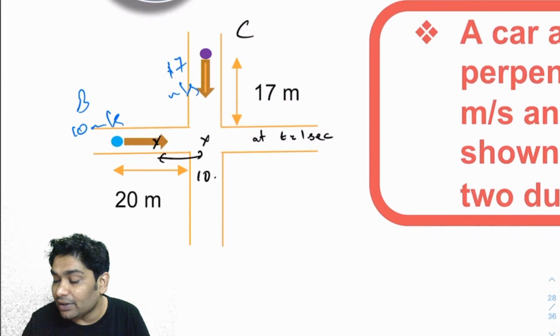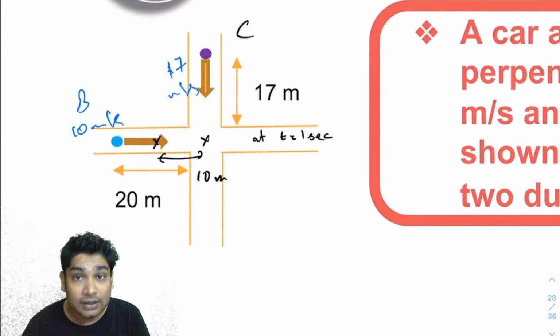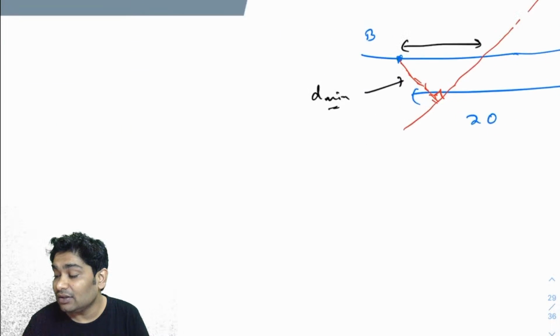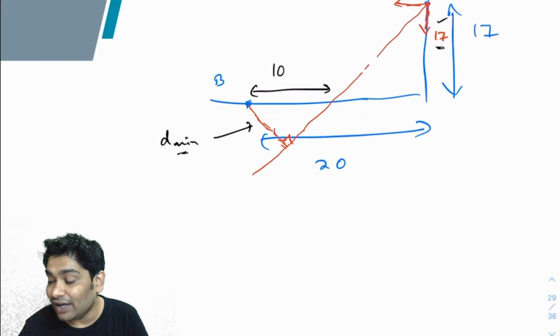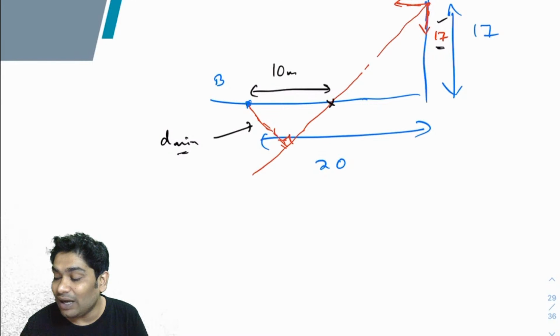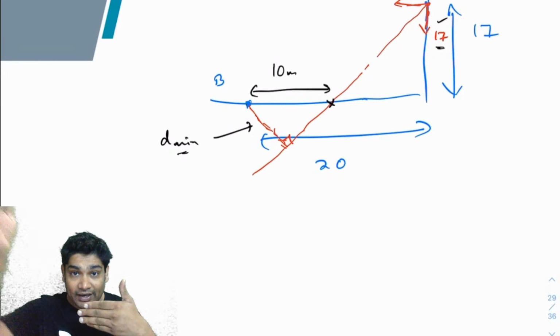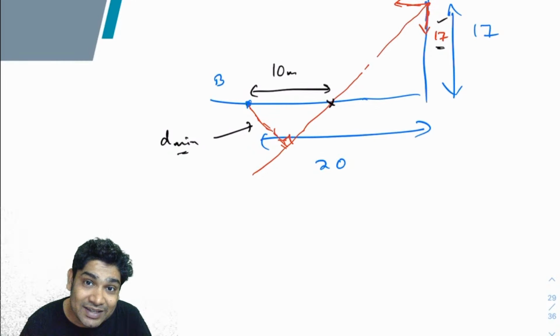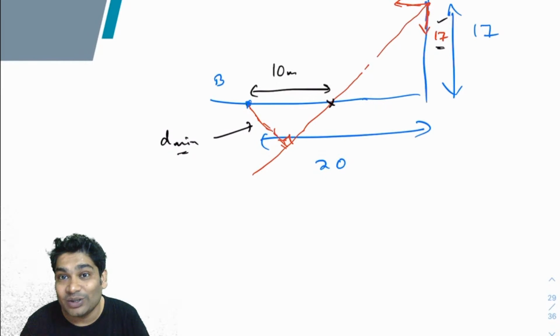It would be 10 meters. Right? If you look at this, this would be 10 meters. Why? This is when the car would appear right in front of the bike. It will be going down, and this is when it crosses the road on which the bike is traveling. So I already know this length, which is 10.